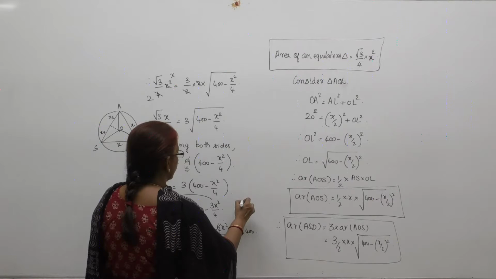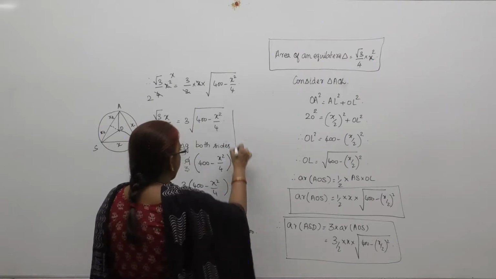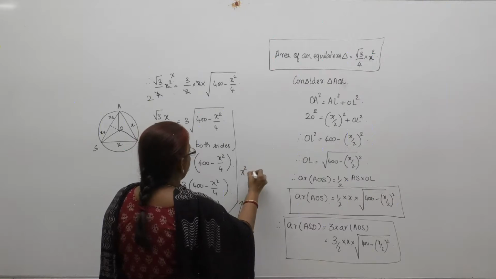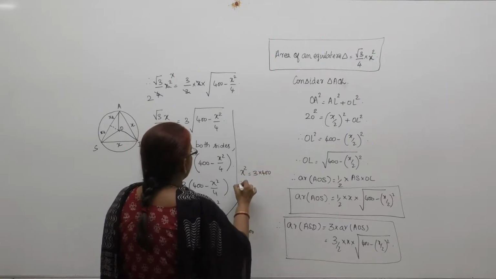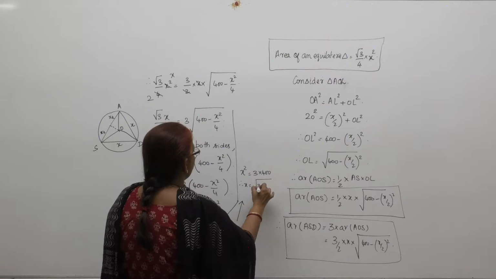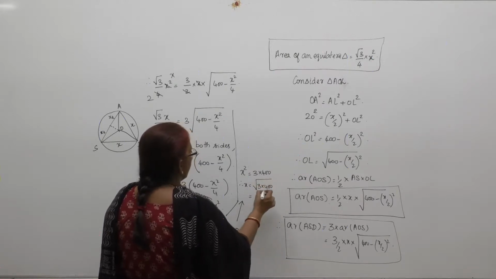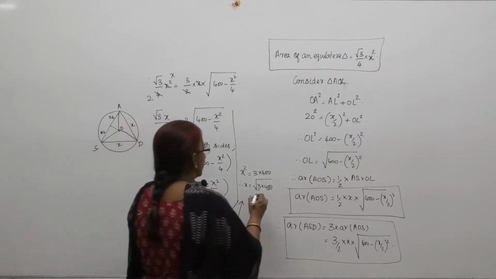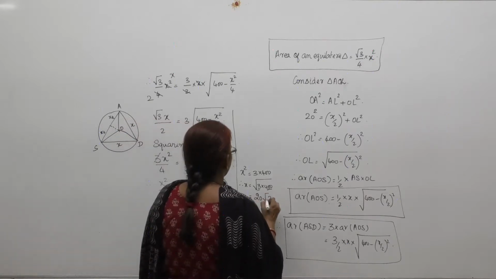So you'll get x square equals 3 into 400. Therefore, x is equal to square root of 3 into 400. So the square root of 400 is nothing but 20, correct? So it is 20 root 3.